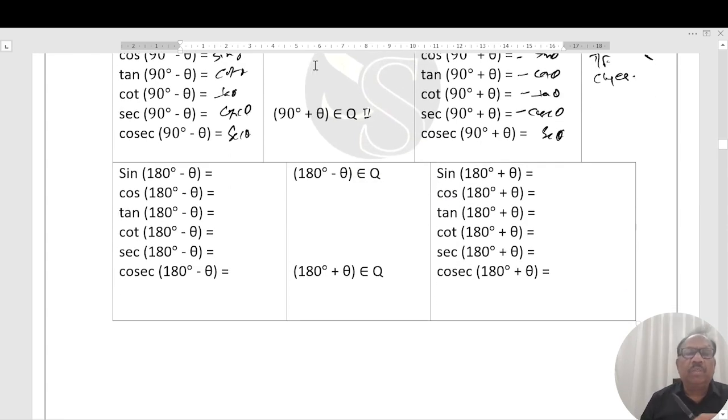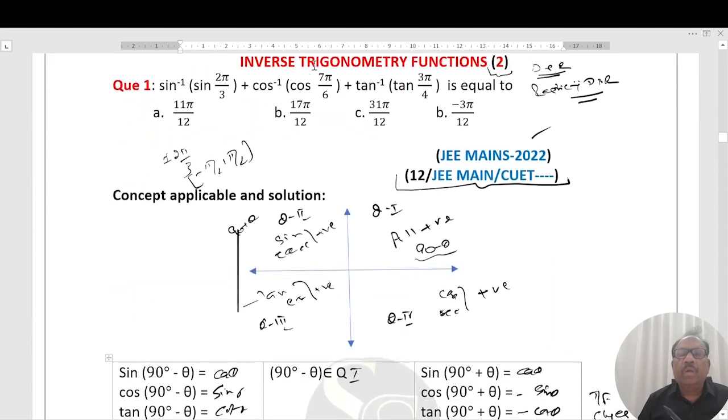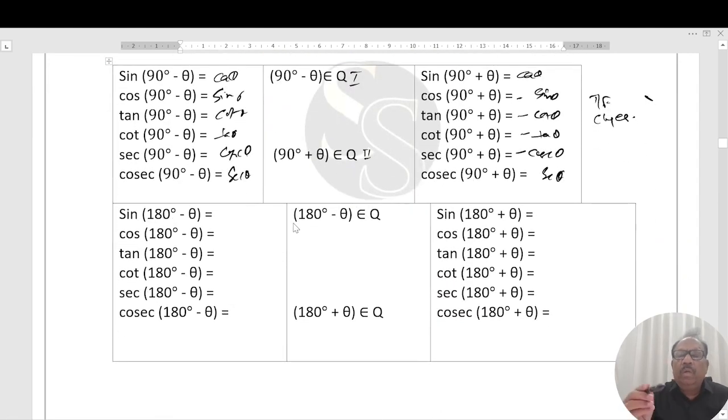Next, 180 minus theta. 180 minus theta belongs to quadrant second. In quadrant second, what is positive? Sine is positive and cosec is positive.